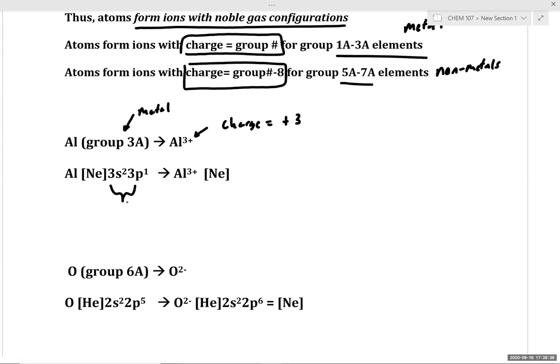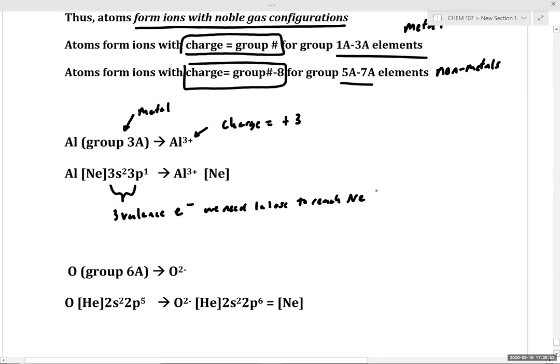Yes, 3 electrons, exactly right, because this configuration has 3 valence electrons that we need to lose. Does this idea make sense that you're losing or gaining valence electrons to reach the closest noble gas?